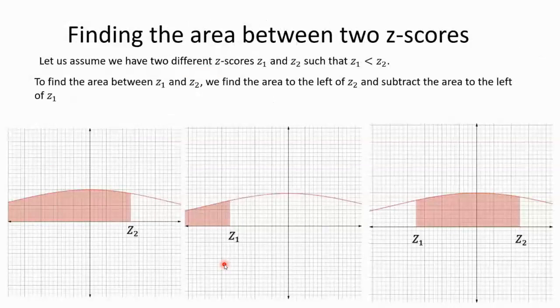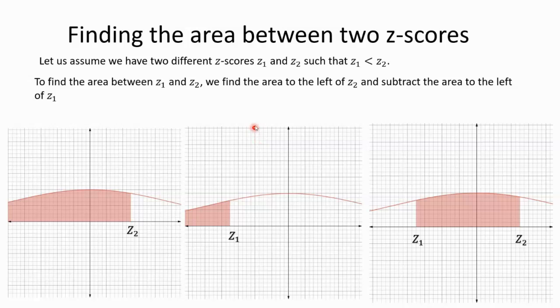Now, I was going to do this. I'll start from here next time, okay? Basically, how would you get the area between two z values? You are basically going to subtract, where one z-score is less than another. So let's say z1 and z2 are the z-scores. z1, let's say, is smaller than z2. And let's say you want to know the percentage of data values between z1 and z2.